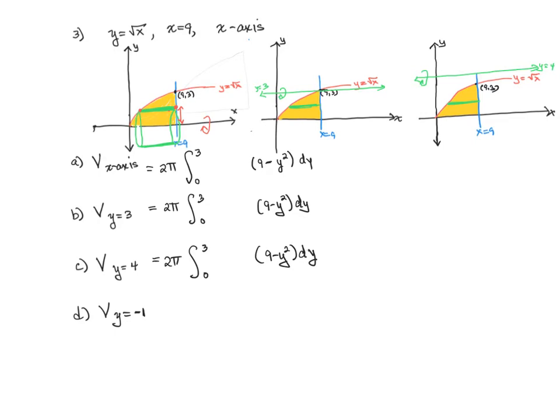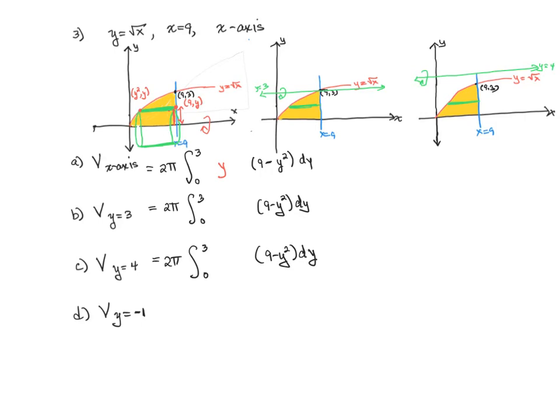This point can be written as y squared comma y, and this point can be written as 9 comma y. So we notice that the radius of our shell is this height, which is y. So here the radius of the shell is just y. And the radius of the other shells will be something with y. We will either subtract or add the axis of revolution. So let's look at the others.